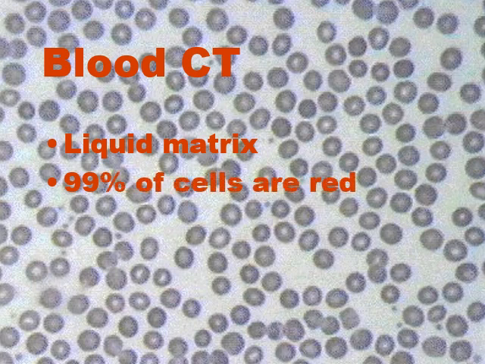We can consider blood to be both an organ as well as a type of connective tissue, depending upon the level of organization. When you view a blood smear under a microscope, you see mostly red blood cells. 99% of all the cells in the blood are red blood cells.